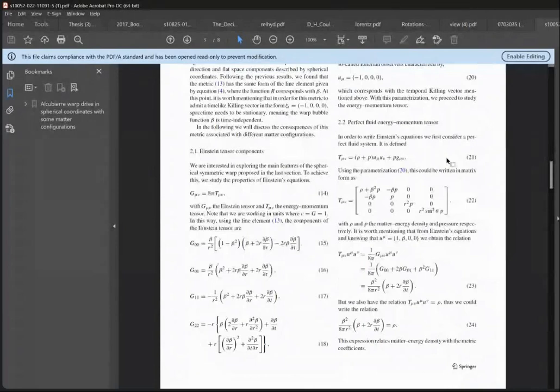But in this case, all of them are the same. This is what we call a perfect fluid. It's not the most simple one. The most simple one would be if the pressures are all zero and you just have the energy density in the system. We don't want that. So let's see what happens.